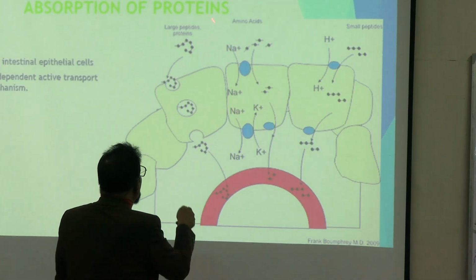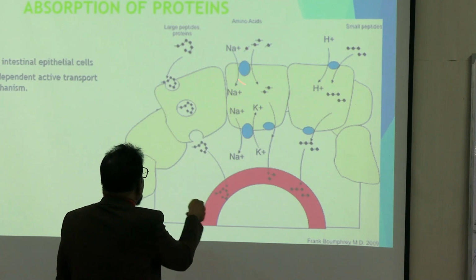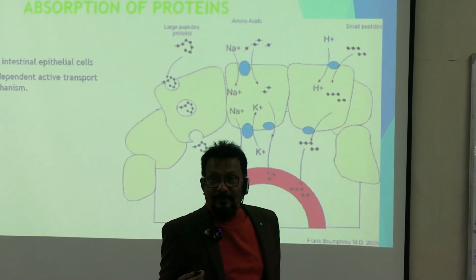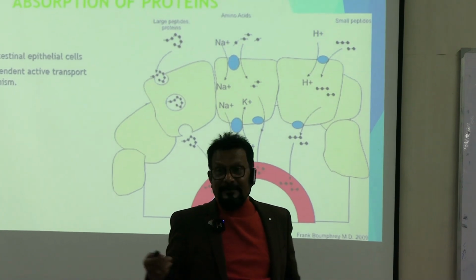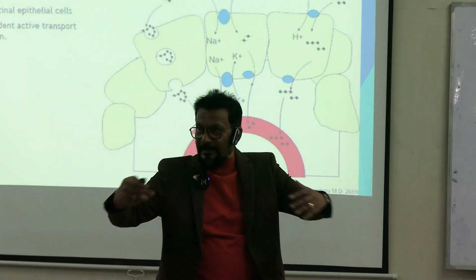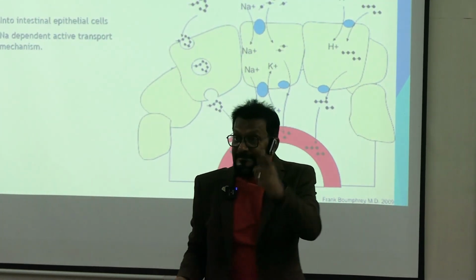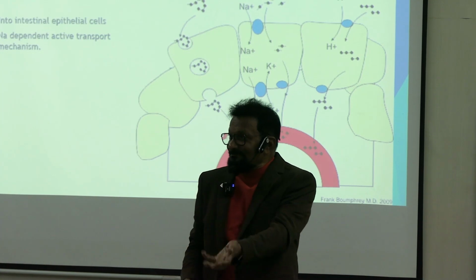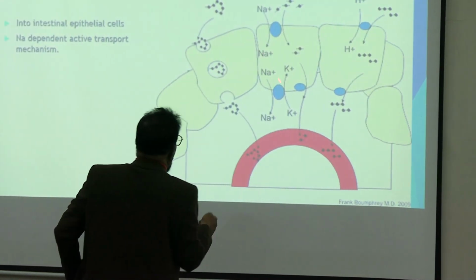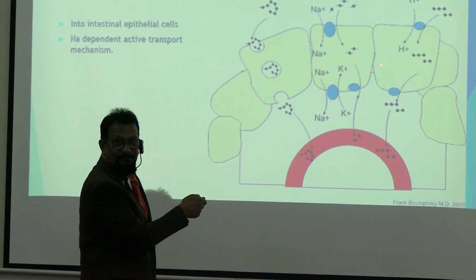And what will happen gradually if sodium ion is accumulated within the cell? Gradually there will be accumulation of sodium, so water will also accumulate, and the cell will be inflated. So it will lose function. So this sodium has to be sent back into the ECF, extracellular fluid, by the sodium potassium pump.